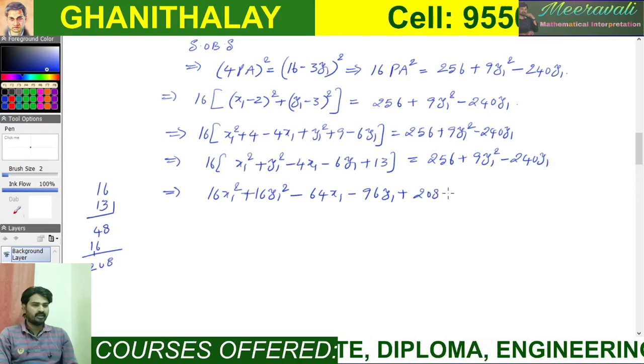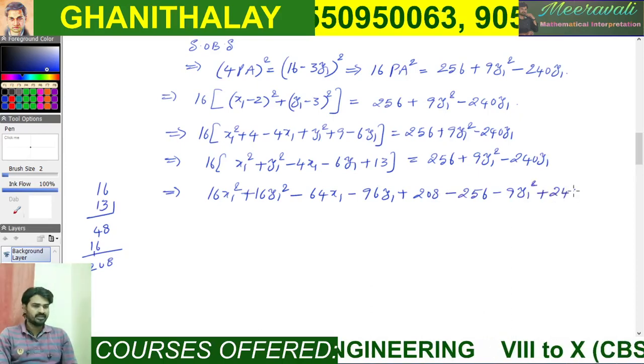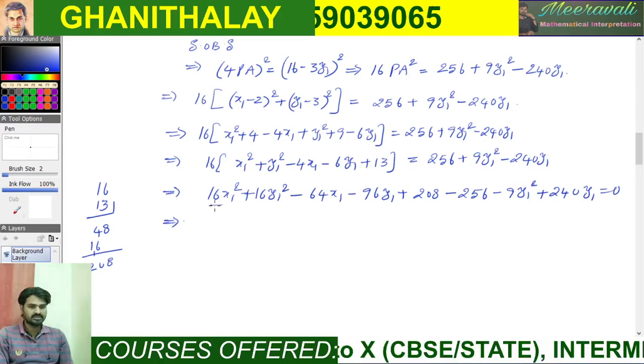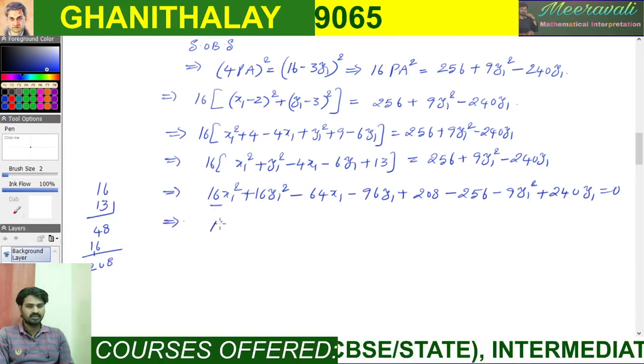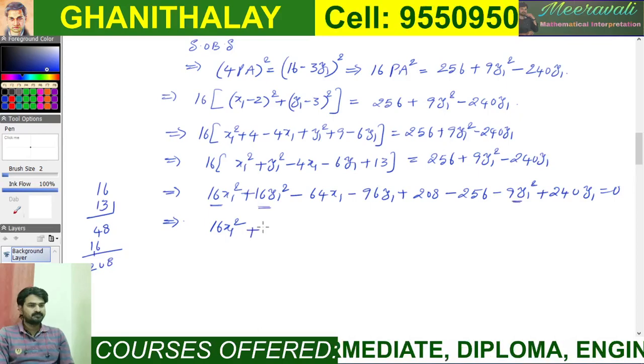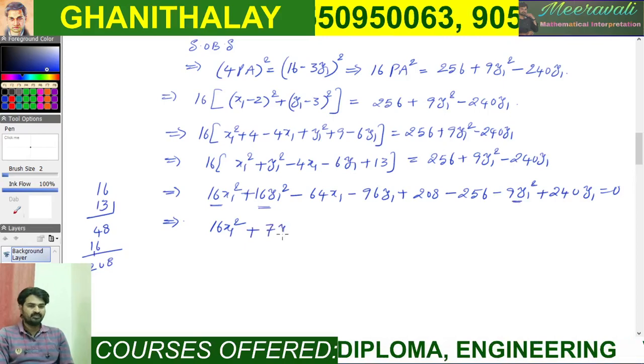Now take all terms to the left side, minus 9y1 square plus 240y1 is equal to 0. First write the x square terms, that is 16x1 square. Next y1 square terms: 16y1 square minus 9y1 square, you will get 7y1 square.